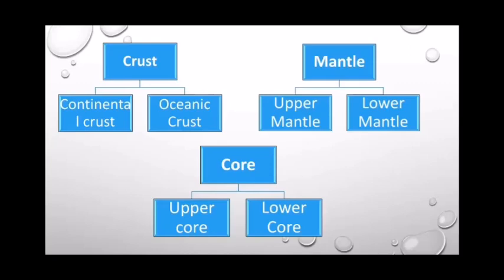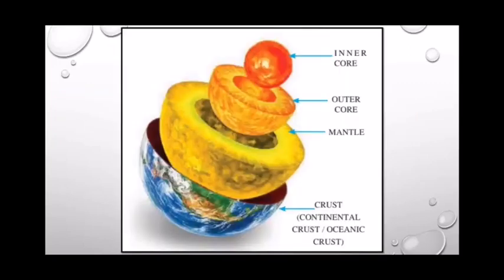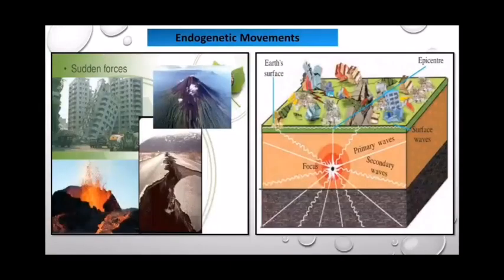So children, before understanding the layers of the earth, let us first understand endogenetic movements. These movements are nothing but the movements that occur in the interior of the earth, which causes mountain building, continent building, rift valleys, and also earthquakes and volcanic eruptions.